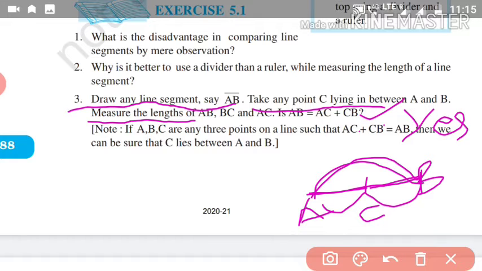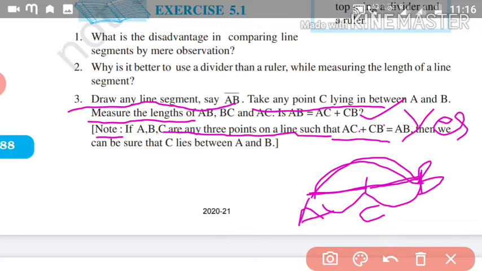Now come to the next, here it is given, note: if A, B, C are any 3 points on a line segment such that AC plus CB equals AB, then we can be sure that C lies between A and B. Okay, suppose there is one line.